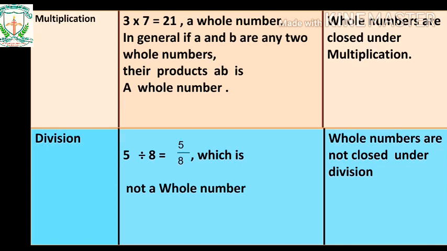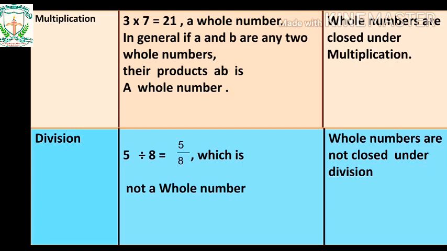If you divide 5 by 8, we'll get a decimal. So we can say that closure property for division does not hold good, or closure property is not true for division in case of whole numbers.